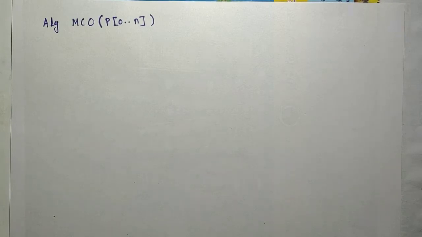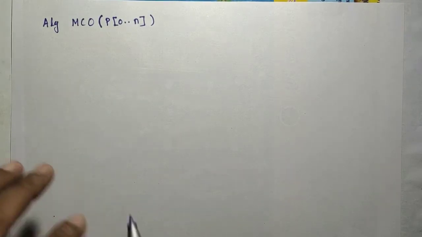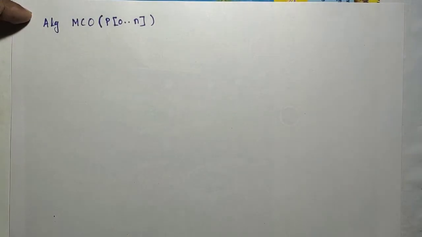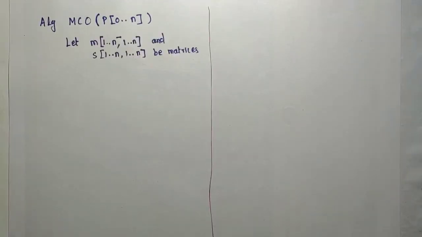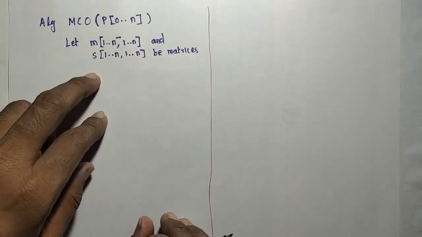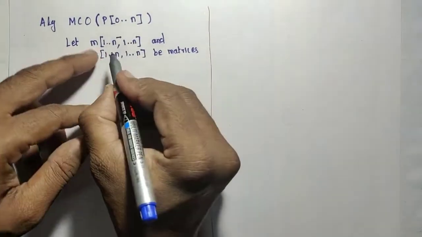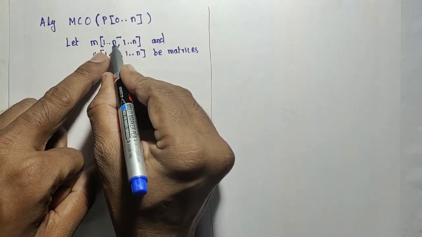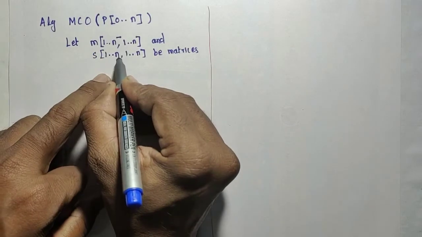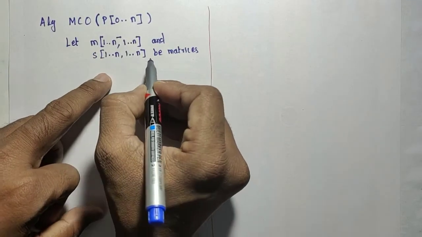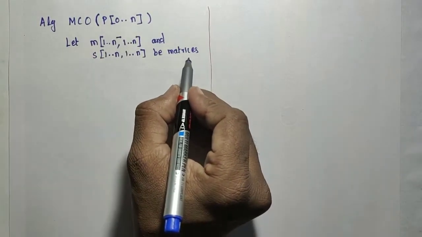Then we need to create two matrices, M and S. Let M and S be the matrices. Be clear on the size: 1 to n, 1 to n.